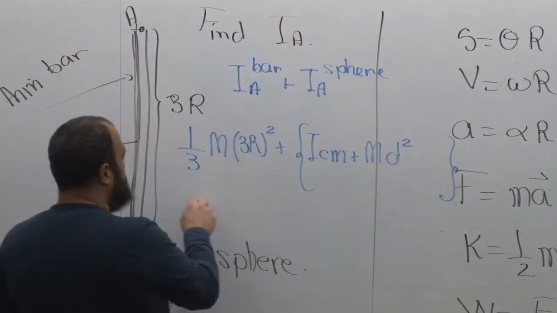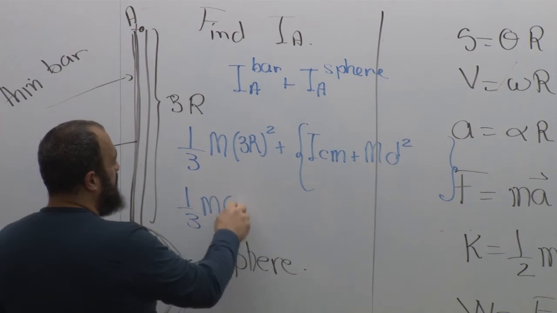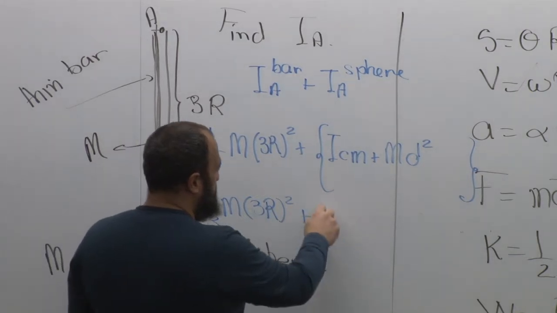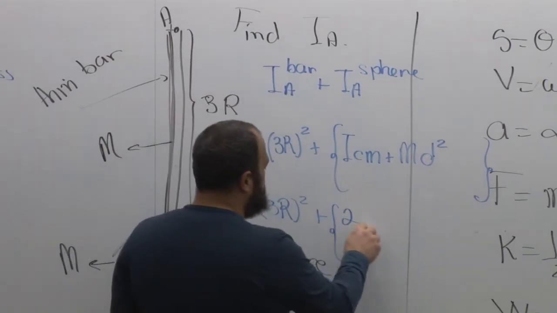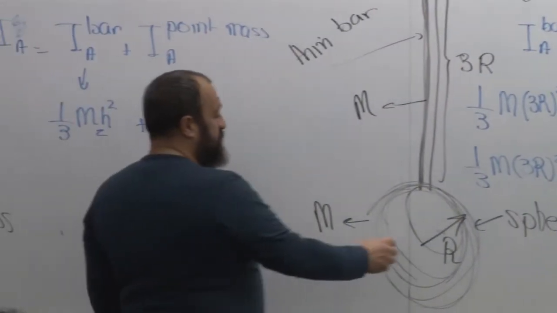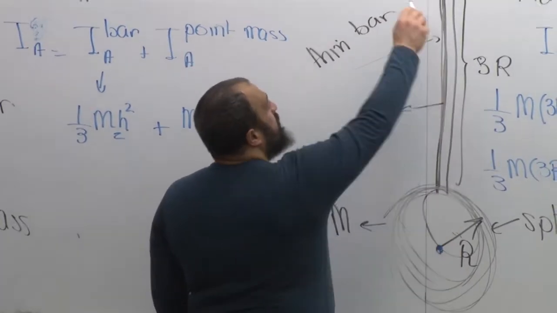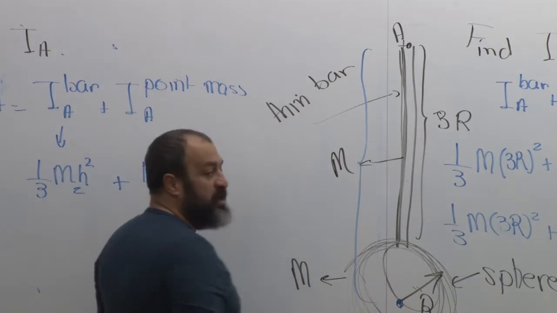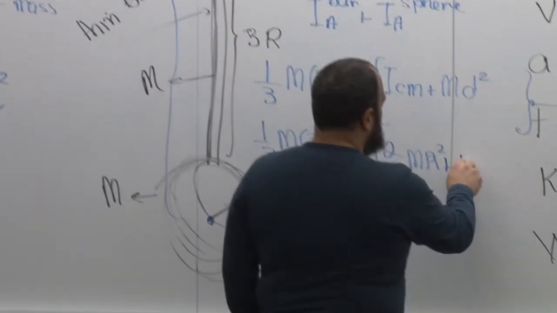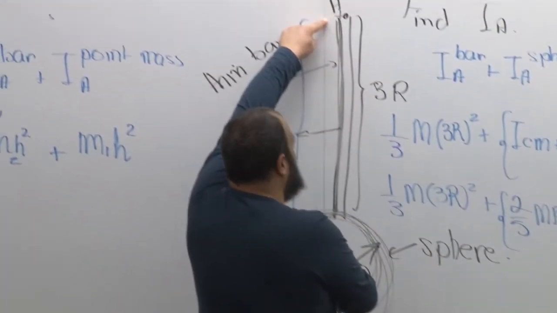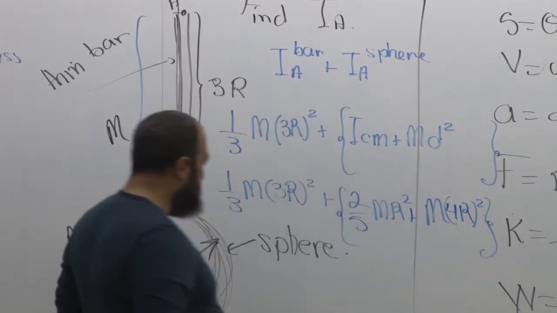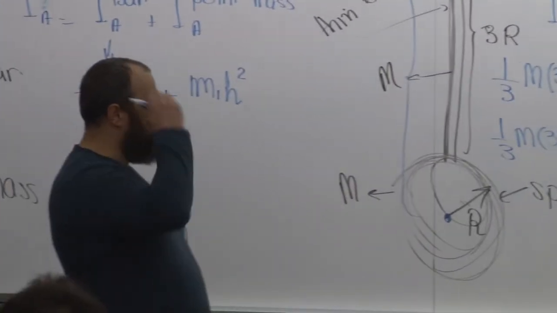So this is still 1/3 M into 3r all squared, plus, in the case of the sphere, ICM is 2/5 mr squared, plus you have to apply the translation term of the parallel axis theorem, which is the mass of the sphere times the distance between the two axes, 4r, all squared. That's your composite moment of inertia, or the moment of inertia of the composite object.